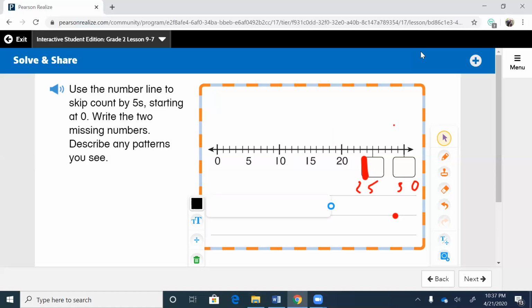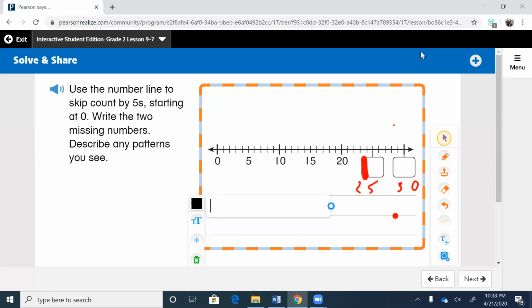All right, so let's explain the pattern. So look, 0, 5, 10, 15, 20, 25, 30. I notice a pattern. It goes 0, 5, 0, 5, 0, 5, 0. So when you get to the two-digit numbers, in the ones place, it goes 0, 5, and it's a continuous pattern.